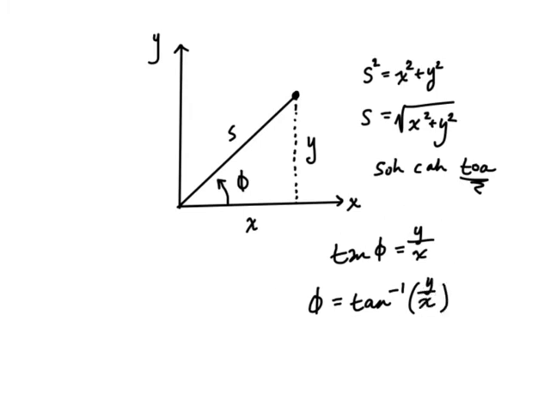And so we've defined s in terms of x and y, and phi in terms of x and y as well. And then z, our last little component, is just z, and that's already in terms of Cartesian components.